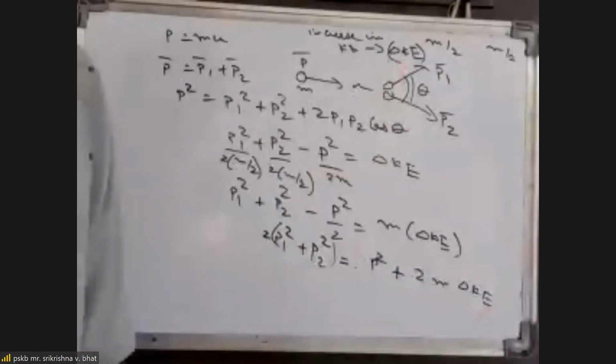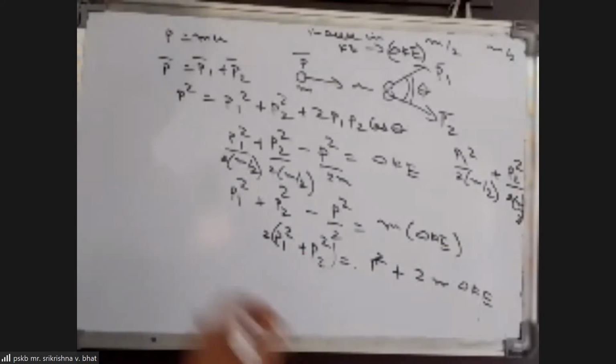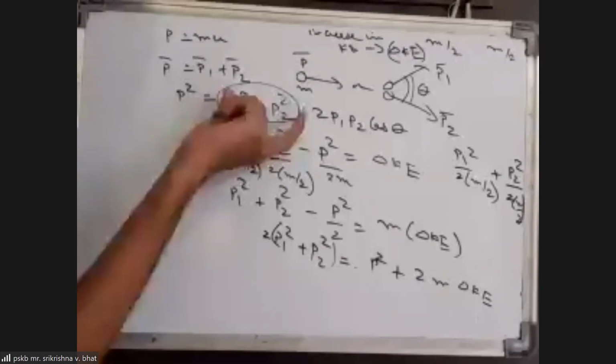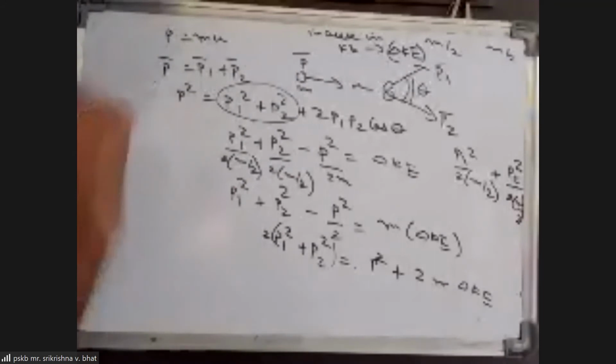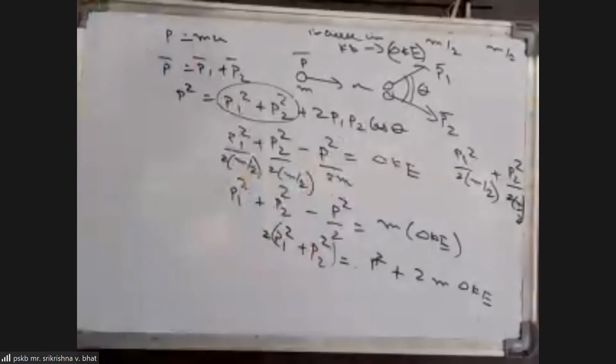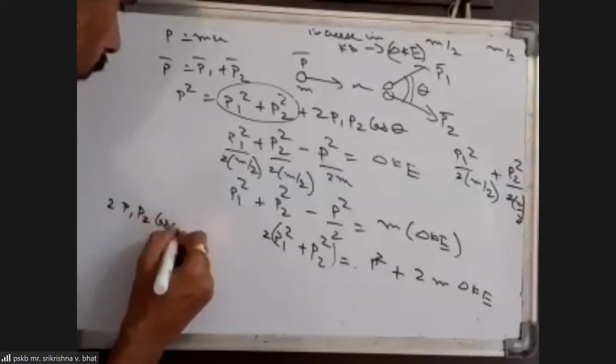That means the sum of p1 square by 2 times m by 2 and p2 square by 2 times m by 2 is fixed, so p1 square plus p2 square is also fixed, since the mass of the shell is fixed. P square is also fixed, which means the second term, 2 p1 p2 cos theta, also should be a fixed quantity.